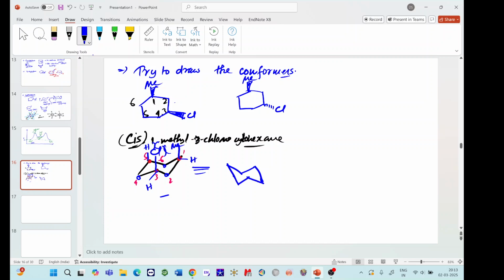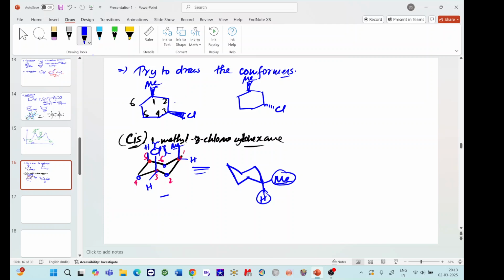This one will go here. See, now it has been on the top. Here also it has been on the top, but it is equatorial.